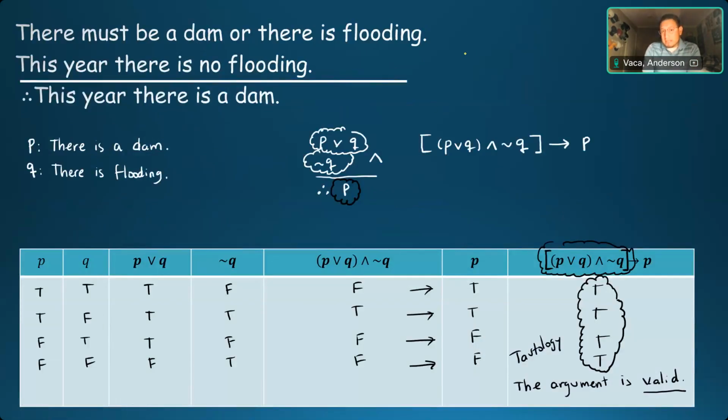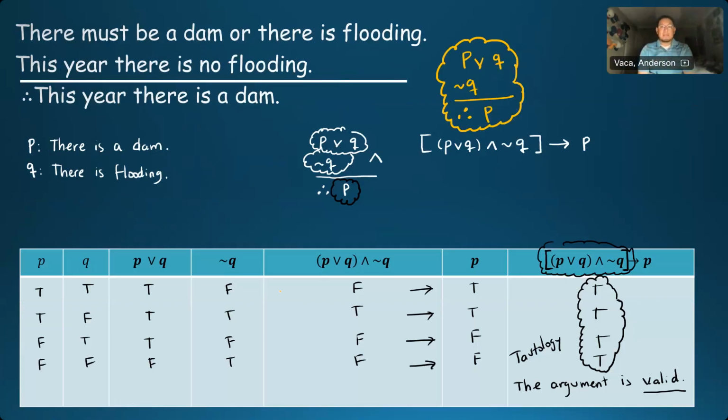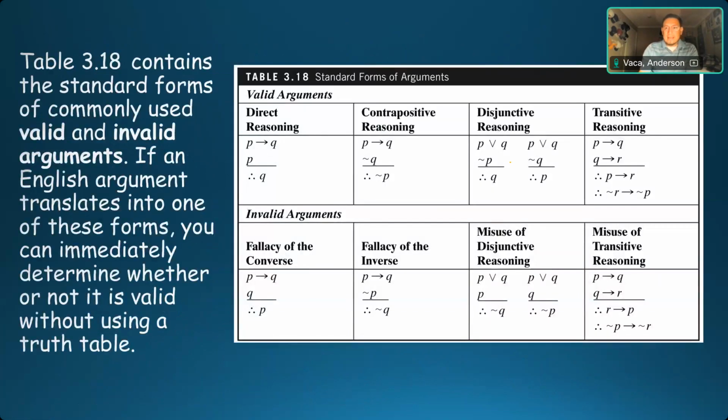The symbolic representation of this argument was P or Q, not Q, conclusion P. Copy that down and meet me in a couple of slides. That is this one right here.